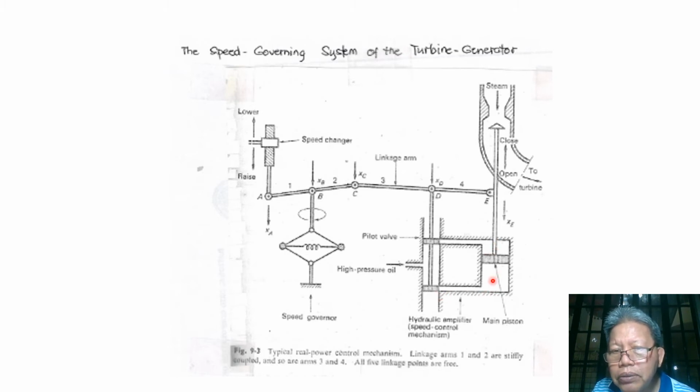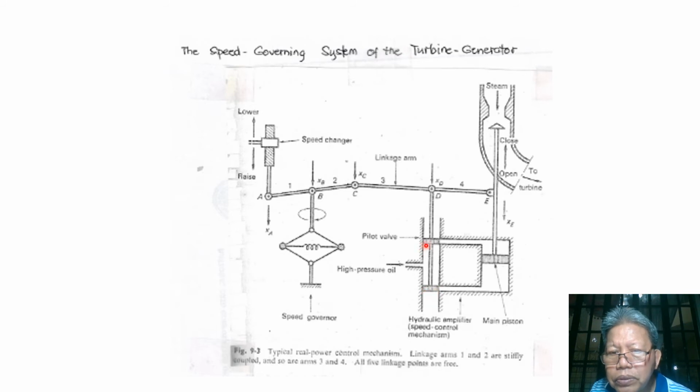By the way, this can only move up when the applied force at this linkage at point D will be going down, because if we have here a force applied at point D in this direction, then these pilot valves will move down.